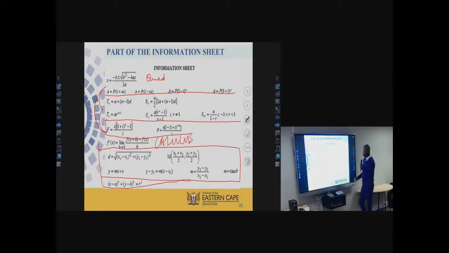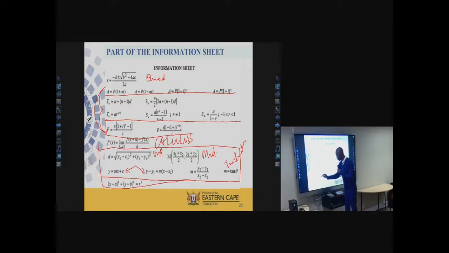Today we focused on the distance between 2 points. We focused on the midpoint. We focused on the angle of inclination. We focused on the equation of a line.